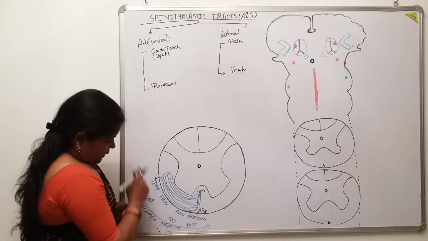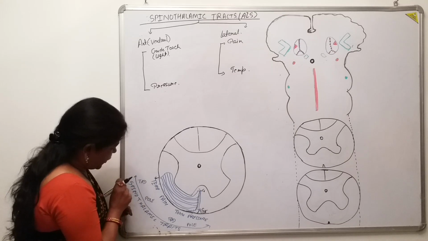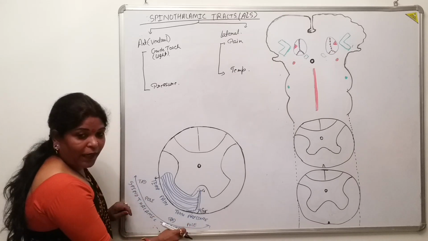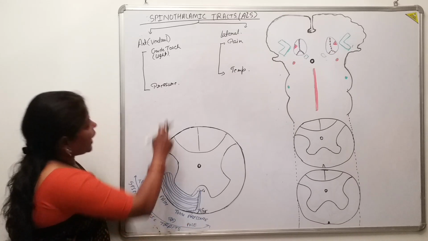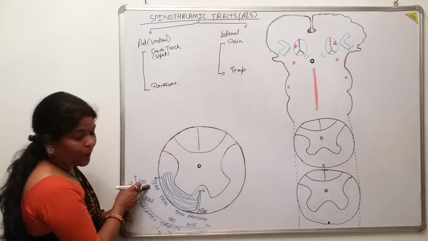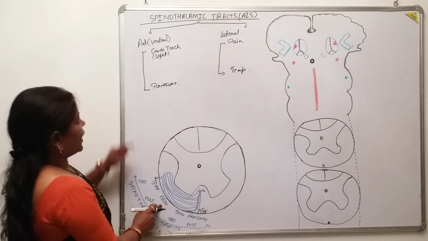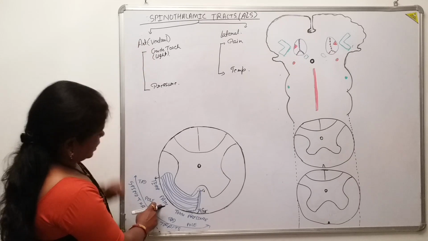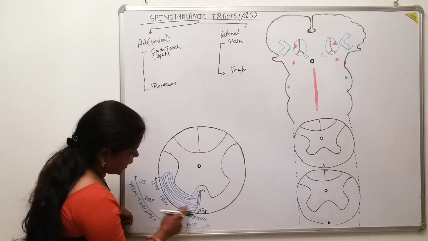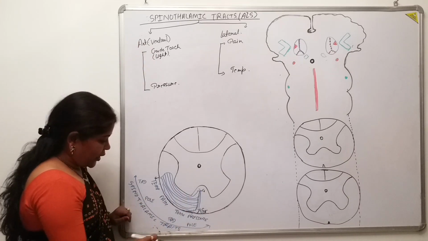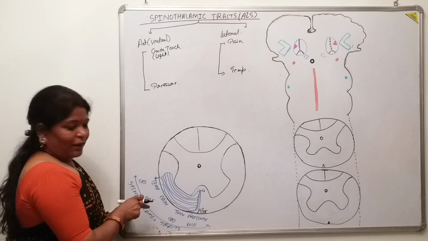So I have made a mnemonic for you all: tadpole. In the lateral spinothalamic tract, it is the temperature and the pain sensation, and in the anterior spinothalamic tract, it is the touch and the pressure sensation. So tadpole, it is like that.